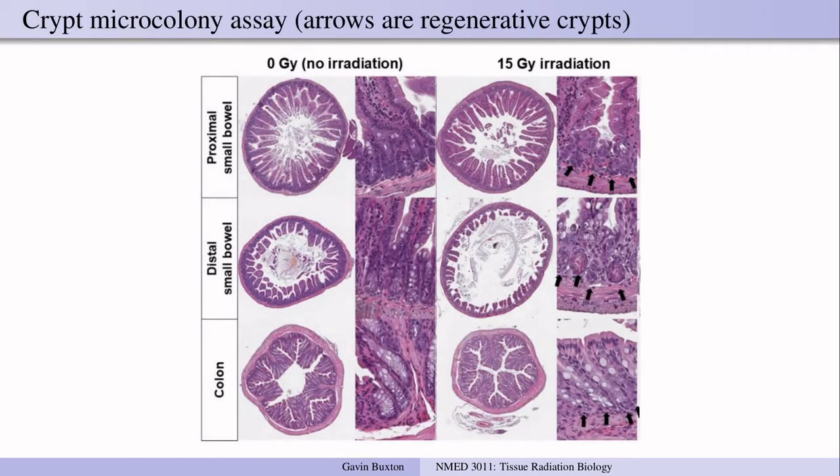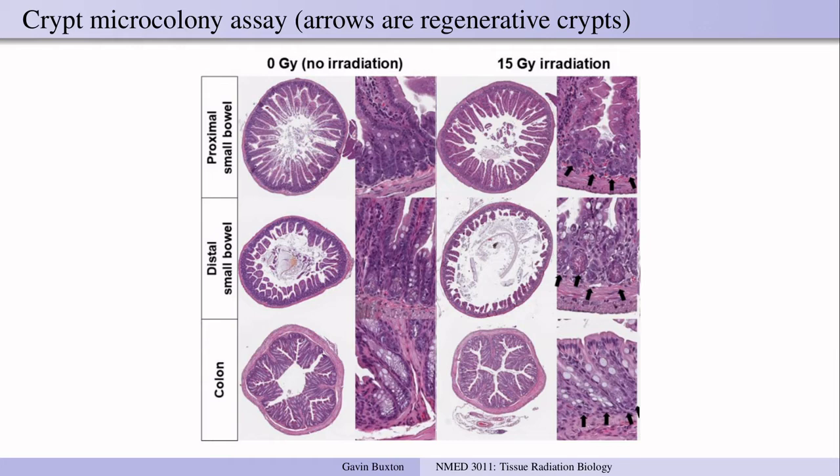these can be assayed. So what they did is they looked at crypt survival after irradiation in different parts of a mouse intestine. So mice were either not irradiated at all, the control of the experiment, or they were irradiated with 15 grays of X-rays.